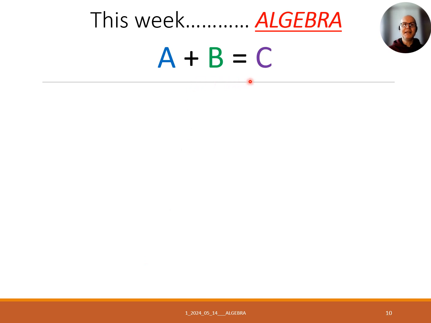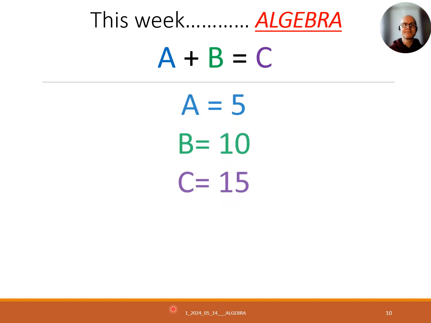A plus b equals c. Now the important thing to remember here is that it doesn't actually matter which letters you use in the formula. The important thing is what numbers the letters are substituting, not the actual letters themselves.